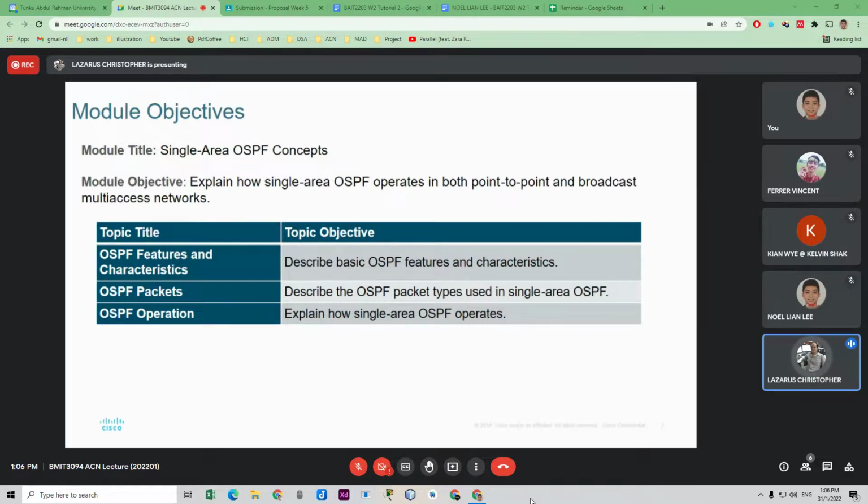If it's selected, any router selected as DR will basically share more detailed information, including routing table information. But those other than DR and BDR will share only link state. So we start with describing basic OSPF features and its characteristics, and then we move on to packet types that are used in single area OSPF, and a brief explanation of how single area OSPF operates.